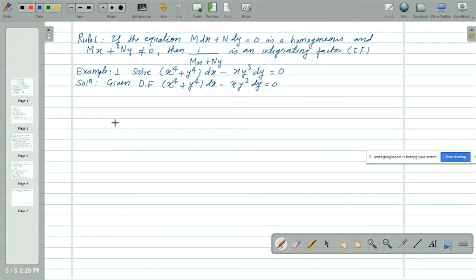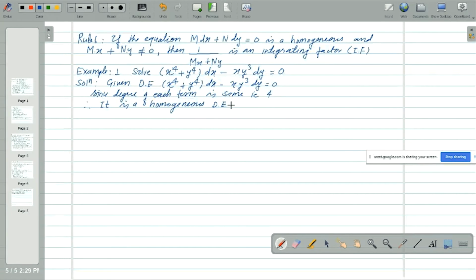Since the degree of each term is the same, that is 4, therefore it is a homogeneous differential equation.